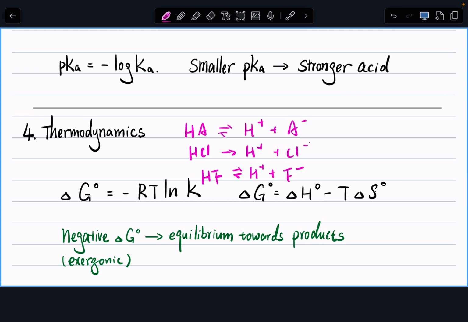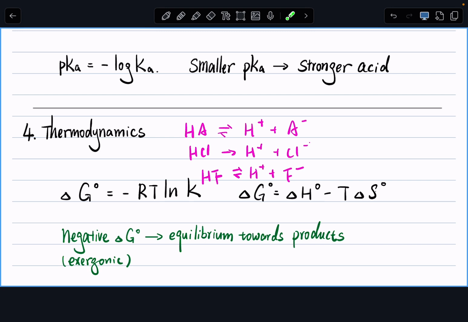And what drives this equilibrium? Right, so H plus is the same for all cases. What drives the equilibrium is that if we have more stable conjugate base of the acid, we are more likely to drive this equilibrium towards the right-hand side, or the dissociation of the acid.